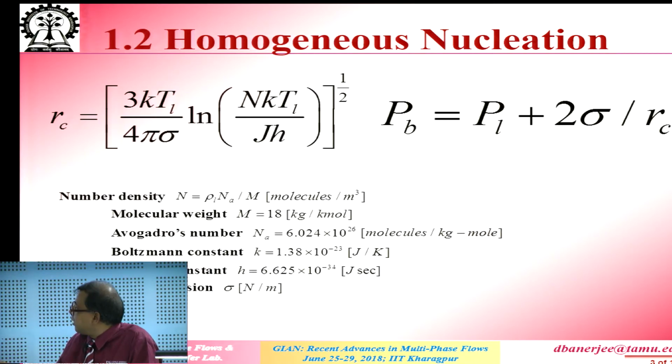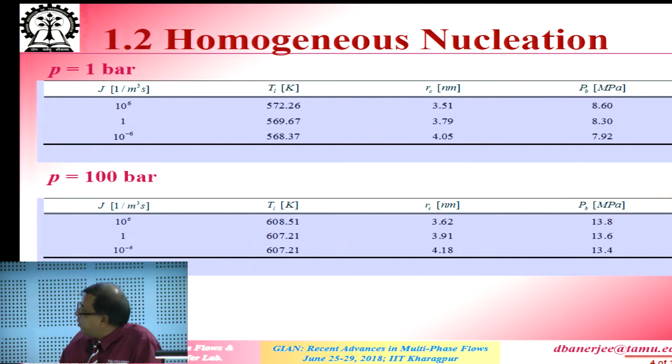Okay. So, this I can find out for a given pressure and temperature, rest of them are constant. The surface tension sigma is a function of TL. So, if I fix TL, I fix sigma. Okay.